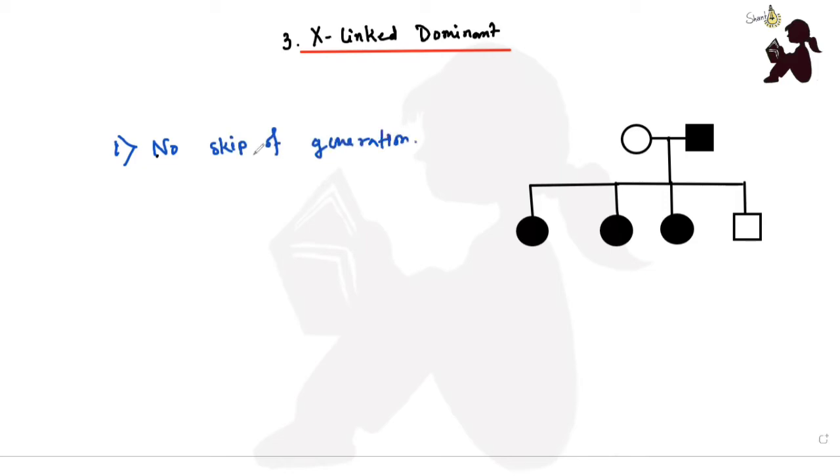Also, in the case of X-linked dominant, the disease is transferred from the father to the daughter only.